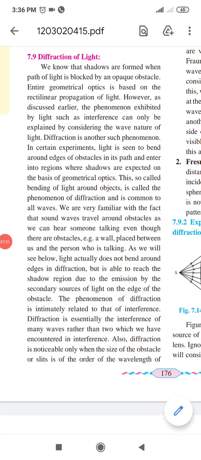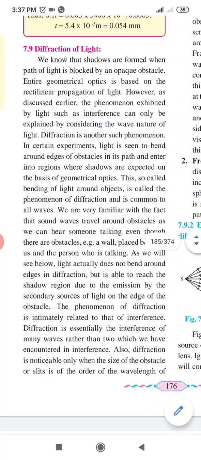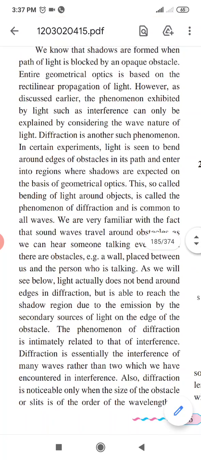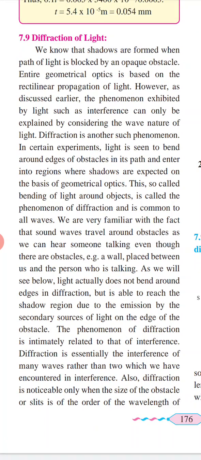We know that shadows are formed when the path of light is blocked by an opaque obstacle. Entire geometrical optics is based on the rectilinear propagation of light. However, as discussed earlier, phenomena exhibited by light such as interference can only be explained by considering the wave nature of light.